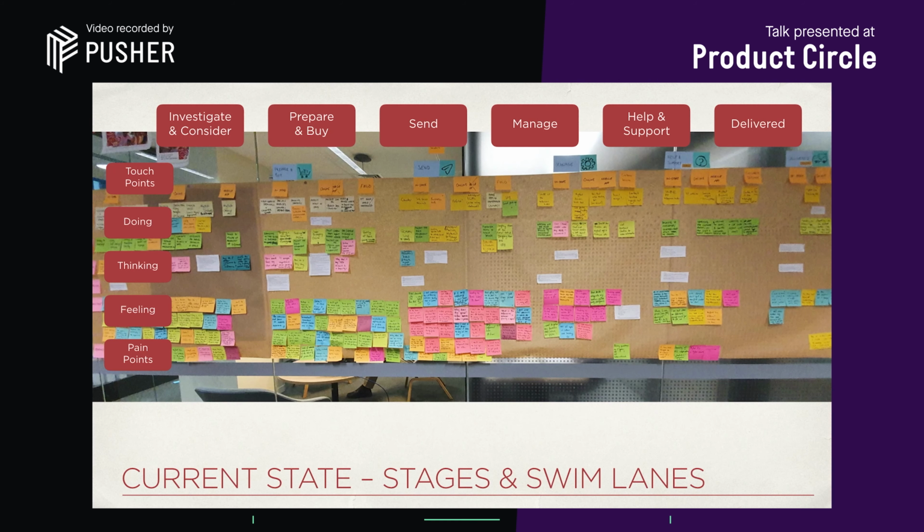We defined 6 stages and 5 engaging swim lanes to codify qualitative data into a journey map. The stages are investigate and consider, prepare and buy, send, manage, help and support, delivered.